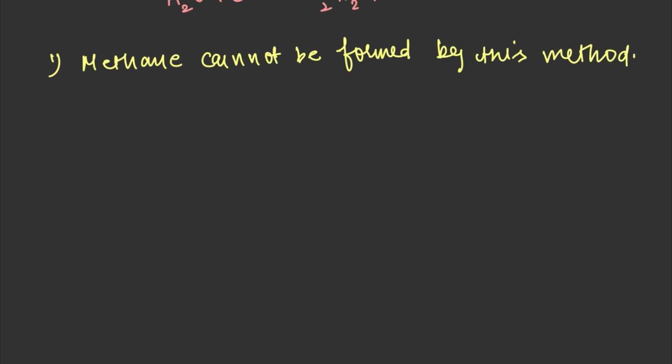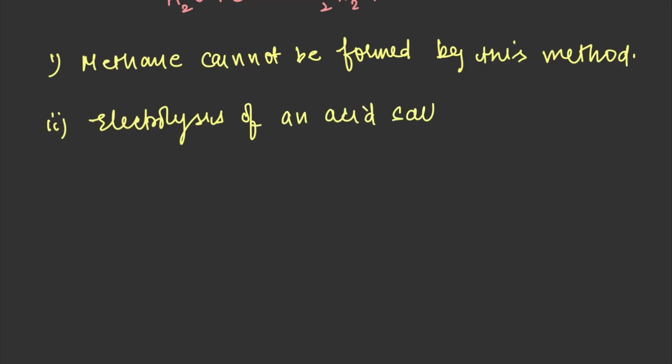Second, electrolysis of an acid salt gives symmetrical alkane.